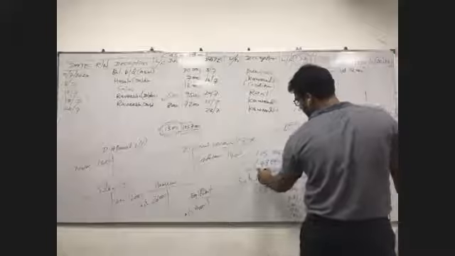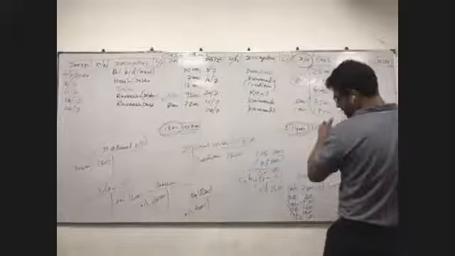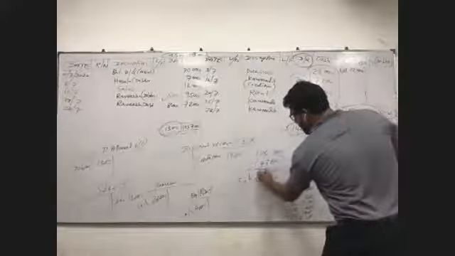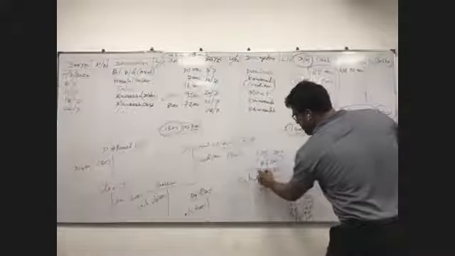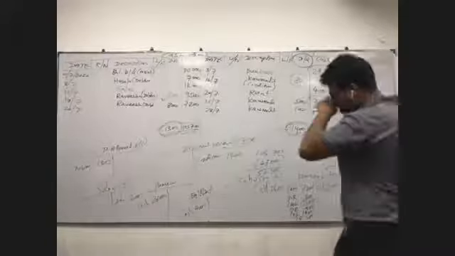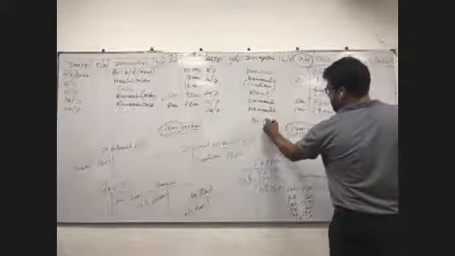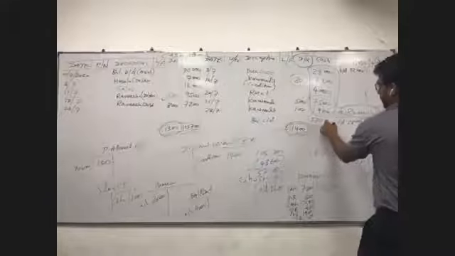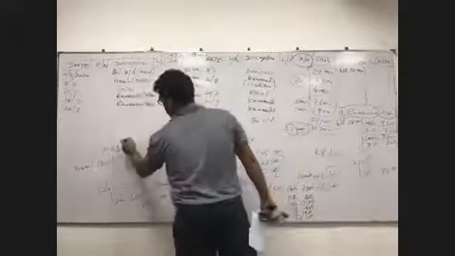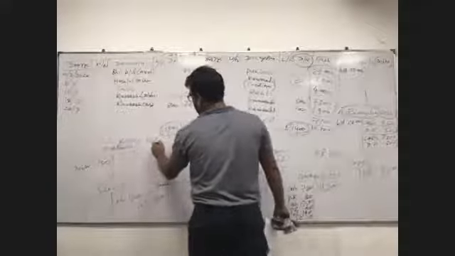9 minus this 6. 67 or 57? 57,100. Balance carried down. 57,100.